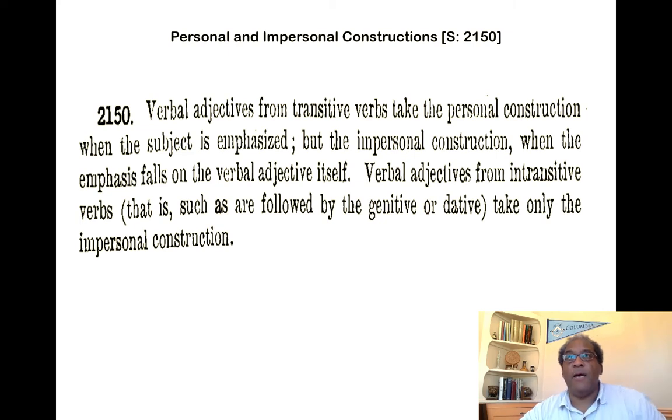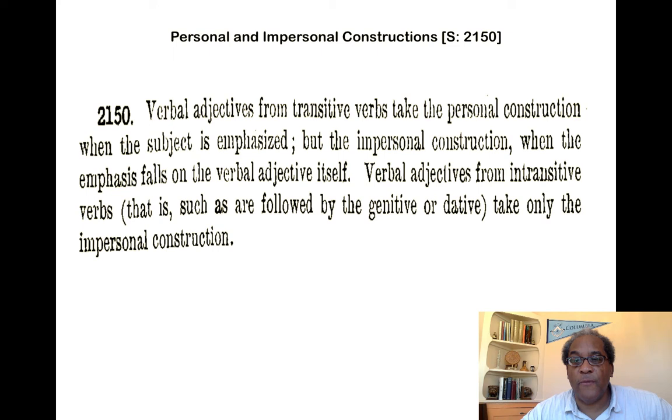Now, we end up, and in this next video, we'll look at these, that 2150 of Smyth. Verbal adjectives from transitive verbs take the personal construction when the subject is emphasized, but the impersonal construction when the emphasis falls on the verbal adjective itself.